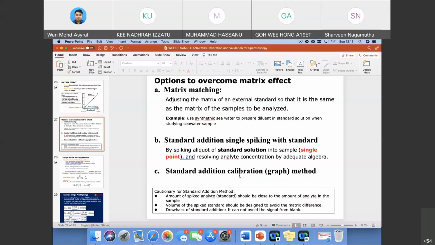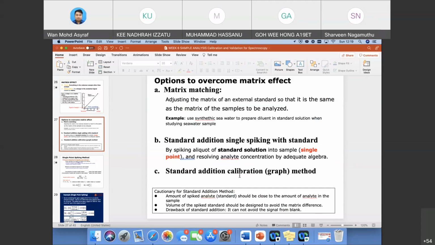All right, matrix matching. It goes without saying, by its name, it means adjusting the matrix of the external standard so that it is the same as the matrix of the sample to be analyzed. The matrix in the external standard calibration curve that you prepared earlier must match the matrix of your sample.